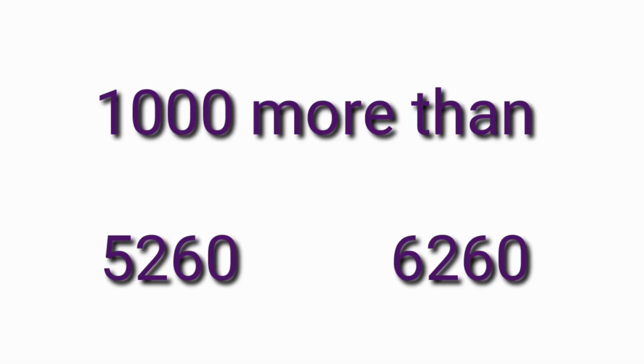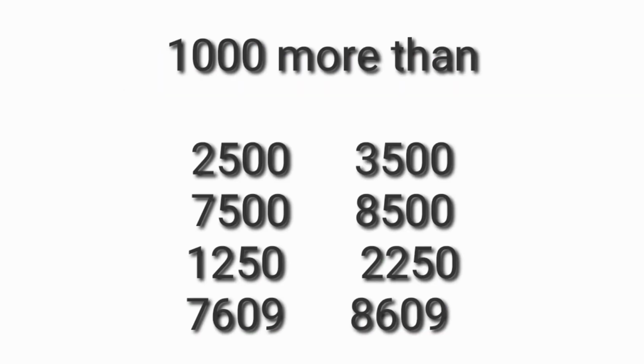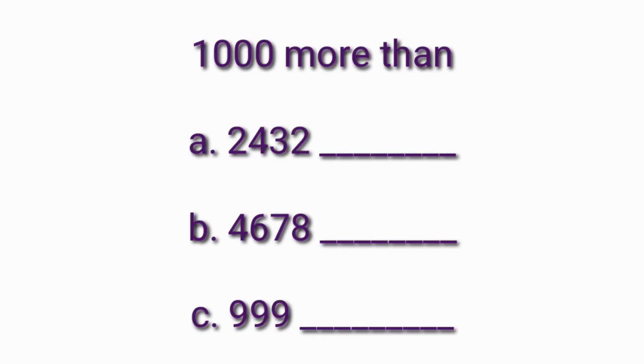To find 1000 more than a number, add 1 to the digit at the thousands place. Observe these examples. 1000 more than. Here is the first number 2432.